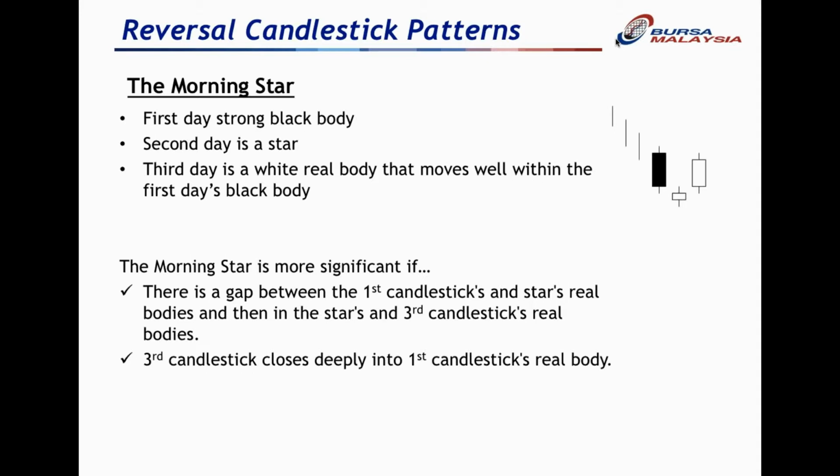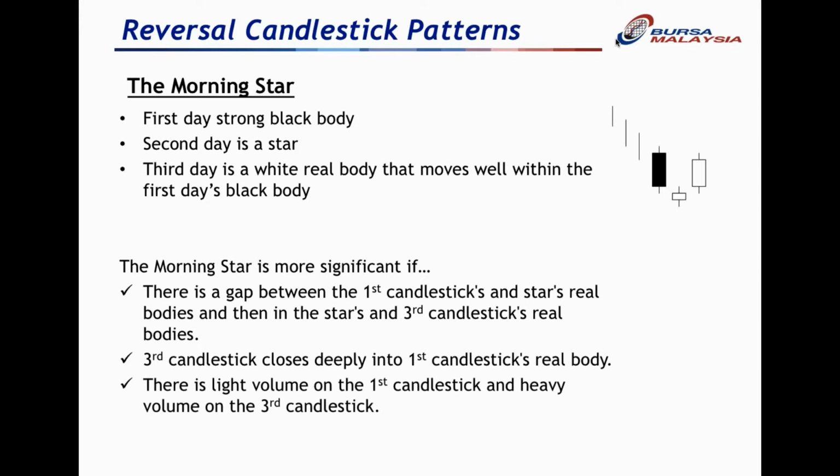Because any time there's heavy volume, it means that the candlestick is likely to be more real and reliable. So if you see light volume on the first day and huge volume on the third day, it means that the morning star is more significant and the trend is more likely to reverse into an uptrend.